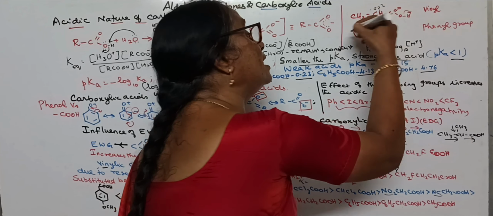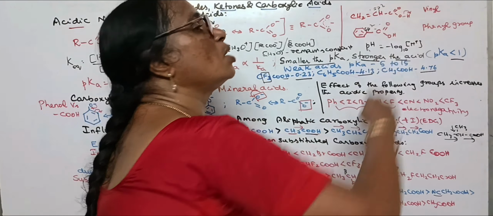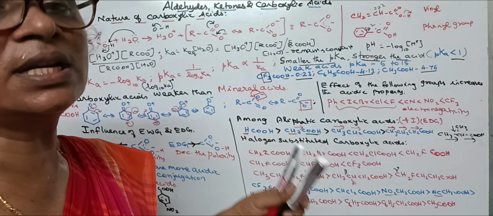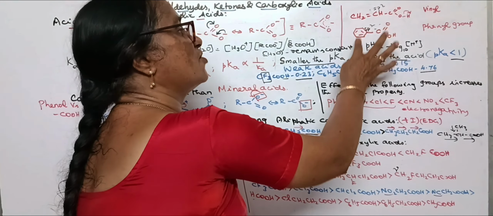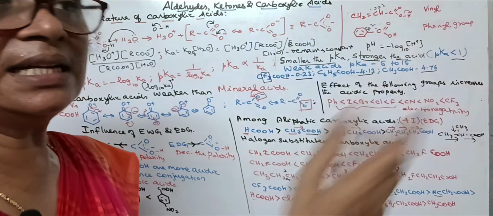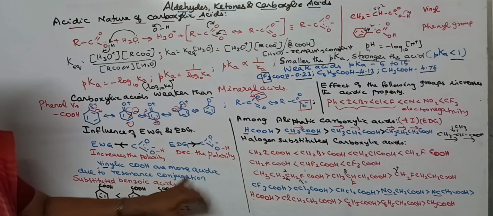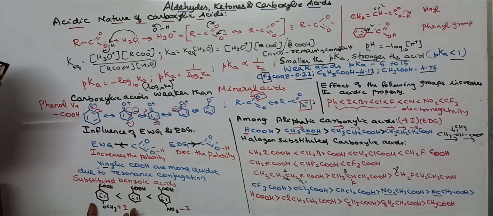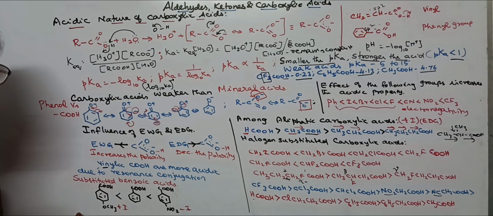They are directly attached to an sp2 carbon atom, so they get more resonating structures and the molecule is stabilized through resonance, and hence the presence of phenyl and vinyl on the carboxylic group increases its acidic nature. And in substituted benzoic acid, an electron donating group destabilizes the carboxylate ion and hence makes the acid weaker.